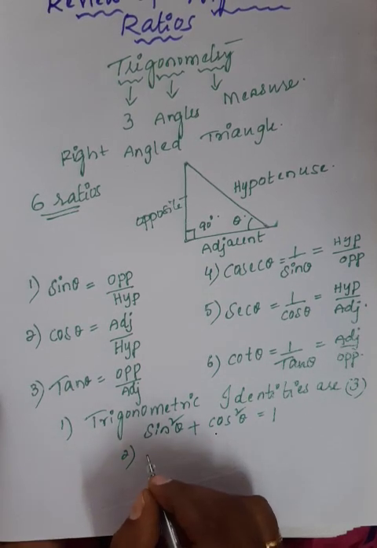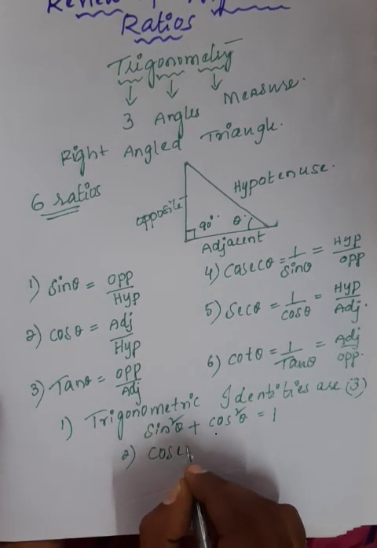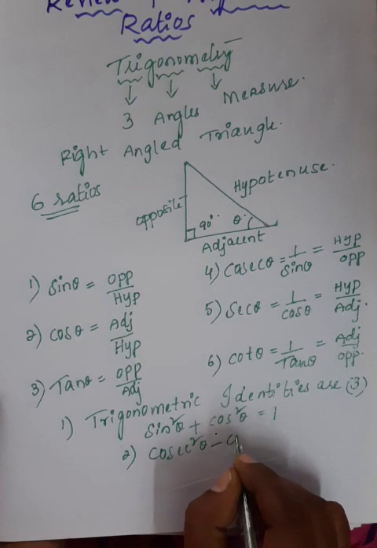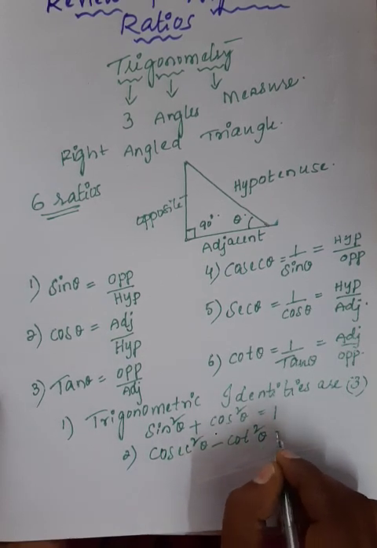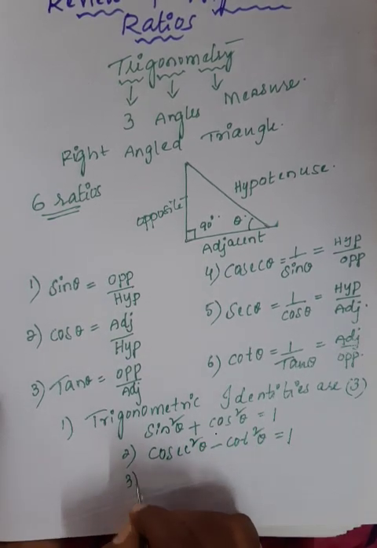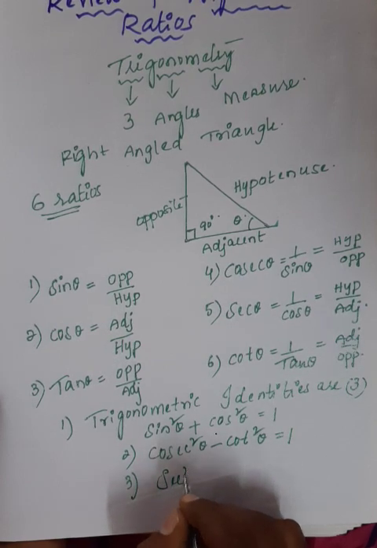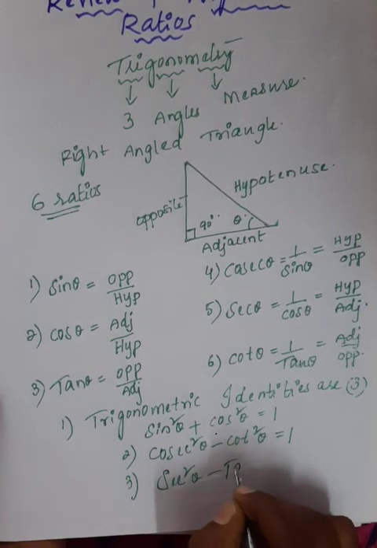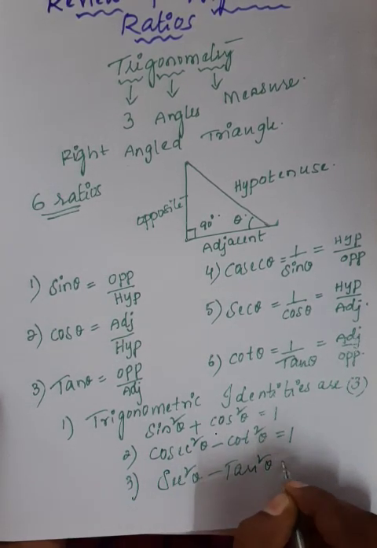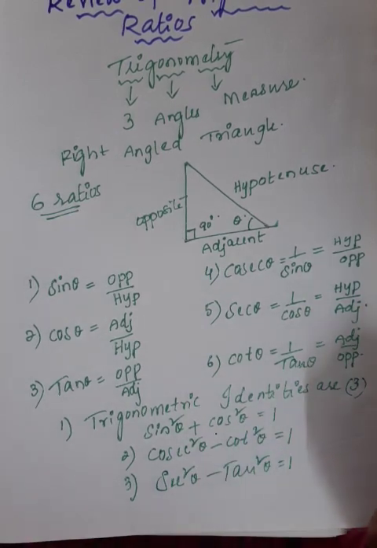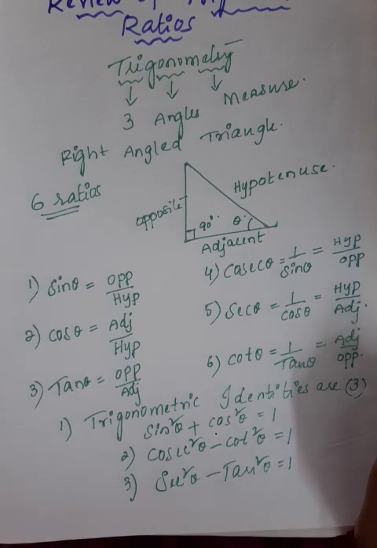Second one is cosec square theta minus cot square theta equal to 1. Third one is sec square theta minus tan square theta equal to 1. So these are the 3 fundamental trigonometric identities, the 3 fundamental relations between trigonometric functions of an angle.